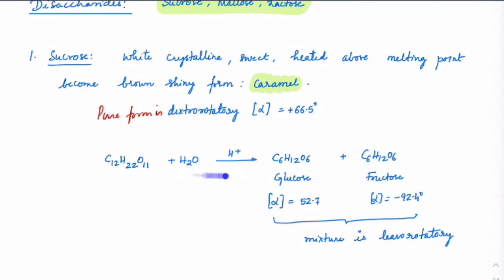The minute you add it to water, it will split into glucose and fructose. Glucose is showing around 52.7 degrees mutarotation. Fructose is showing around minus 92.4 degrees mutarotation. It is a mixture of these two, so overall this angle will dominate over this and the mixture will be levorotatory. Initially, sucrose in pure form was dextrorotatory, then on adding it to water it has become levorotatory, correct?